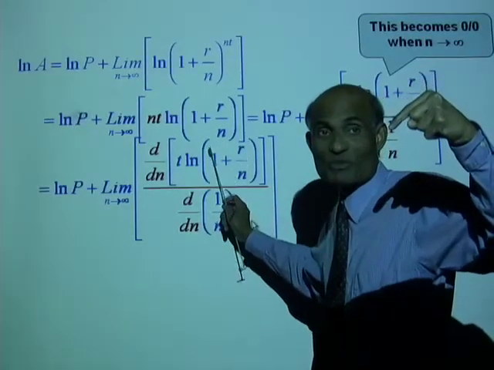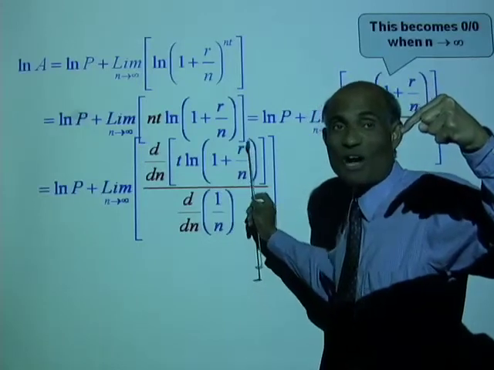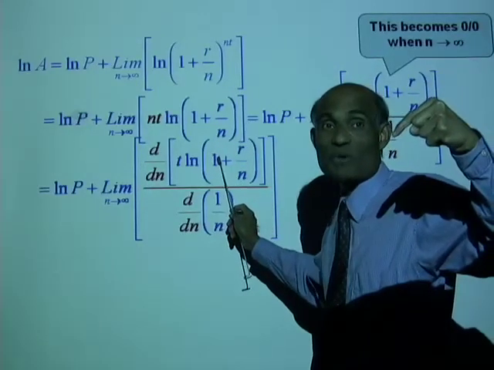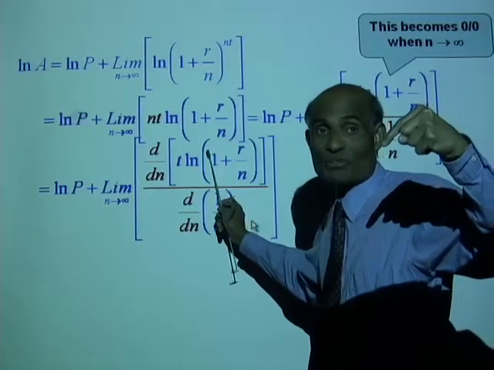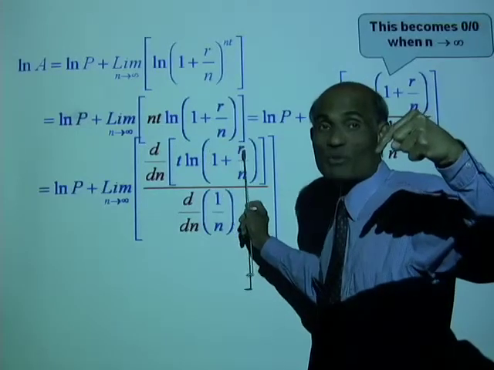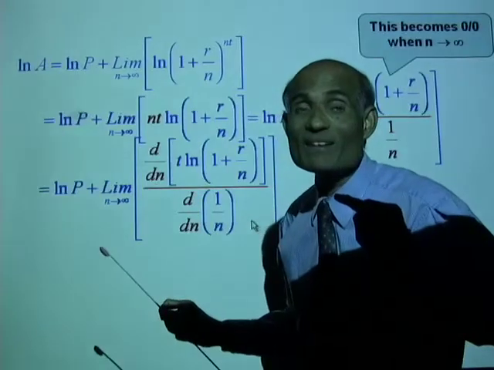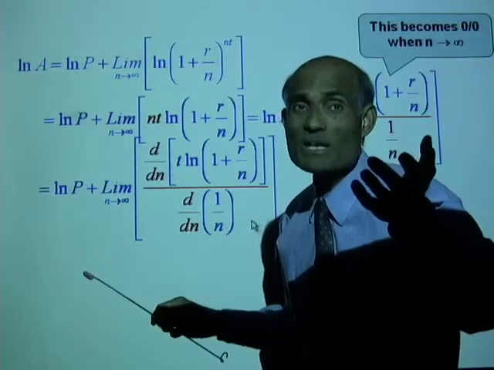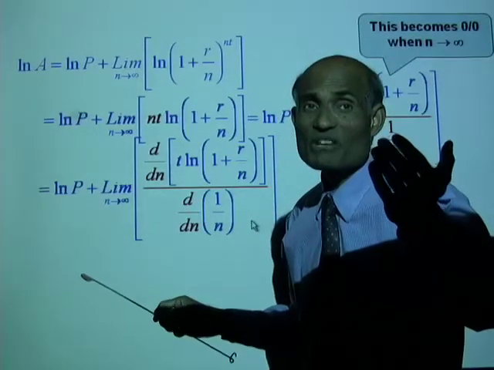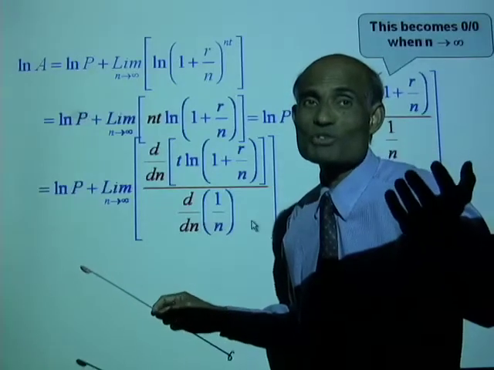Alright, tell me, what is the derivative of 1 plus r over n with respect to n? The derivative of 1 is 0, and the derivative of r over n with respect to n. Alright, anybody? That's actually an extra credit question.